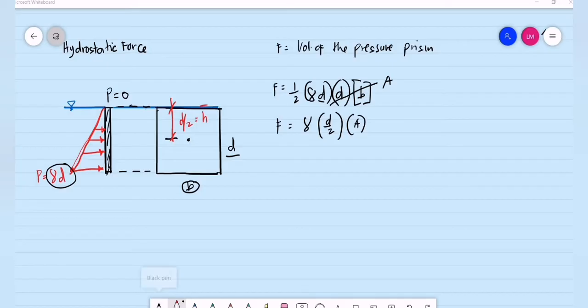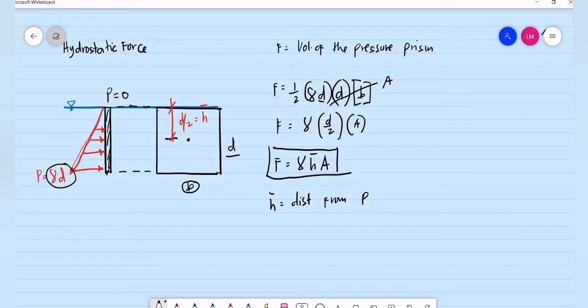So we can have our general equation for the hydrostatic force as the unit weight of the liquid multiplied by h bar multiplied by the area of the submerged surface. So this is the general formula. Take note, what is the definition of h bar? This is the distance from the location of zero pressure. So take note, this formula is only applicable if the pressure on the surface is equal to 0.